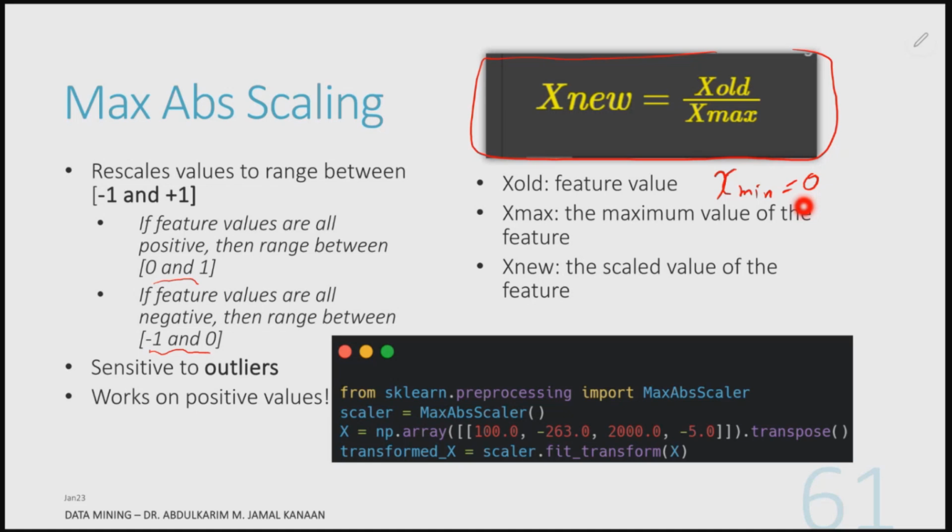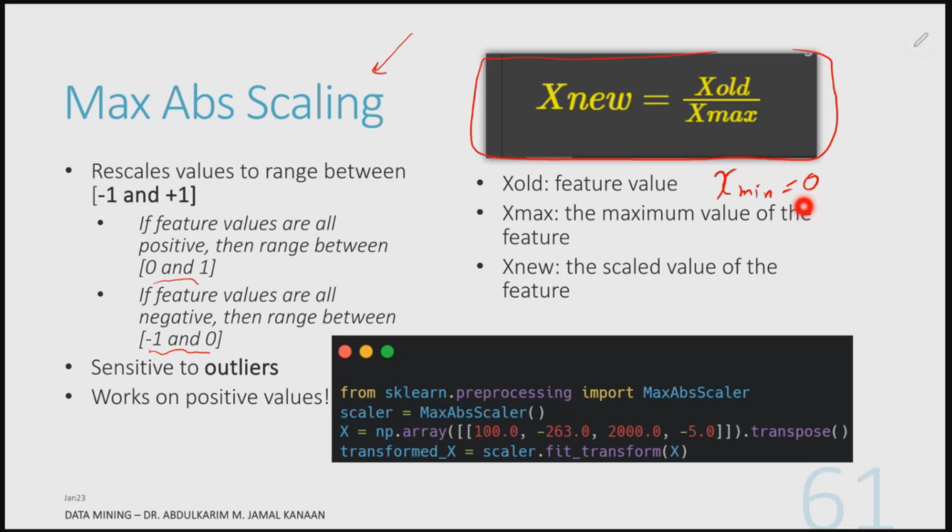Any example where we actually need to apply max ABS scaling? Any common example where x-min is going to be 0? Okay, but if age equals 0, that means the person doesn't exist, right? Yeah, good example. You see, when you participate, you start to think. So if age is 0, the person doesn't exist.